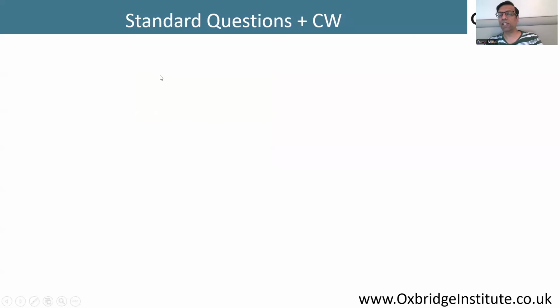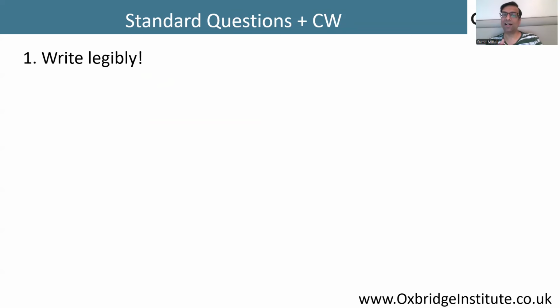Now let's talk about the standard question types and the creative writing section. We have not shared examples in this section because parents might not want their students' written examples to be shared, but we are going to give you some general guidance. A, write legibly. This is particularly true for the creative writing sections. A lot of students submit pieces which are really hard to read.